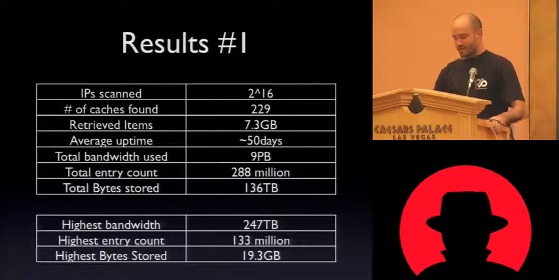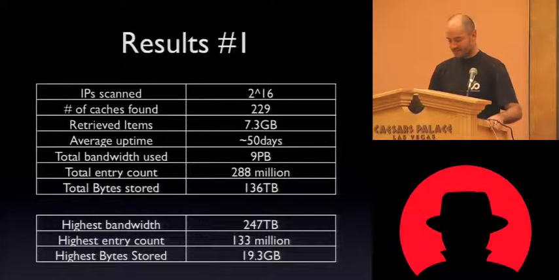More interestingly, though, if you total the bandwidth across all of those caches, you hit 9 petabytes of data, which is a fair bit of network traffic. Across all the caches, 288 million objects were stored, 136 terabytes in total of data stored in memcaches that we saw. So to take that 7.3 gigs, actually we've got quite a long way to go.